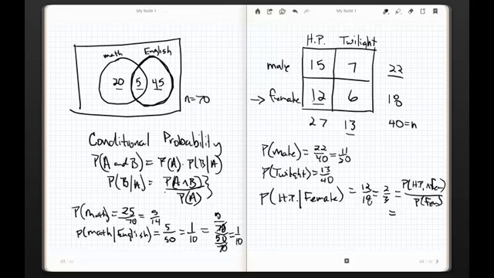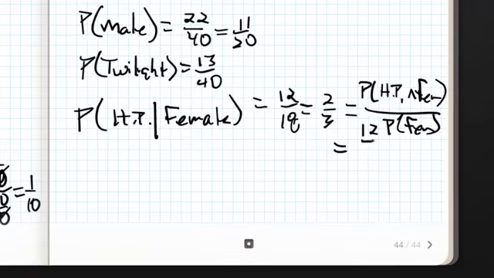That represents this cell right here. So that's 12 out of a total of 40. That's the probability that you grab somebody and they are both female and preferred Harry Potter. The probability of a female is there are 18 women out of a total of 40. So I got 18/40ths, and look at this, same thing. Isn't that right? That's so cool.